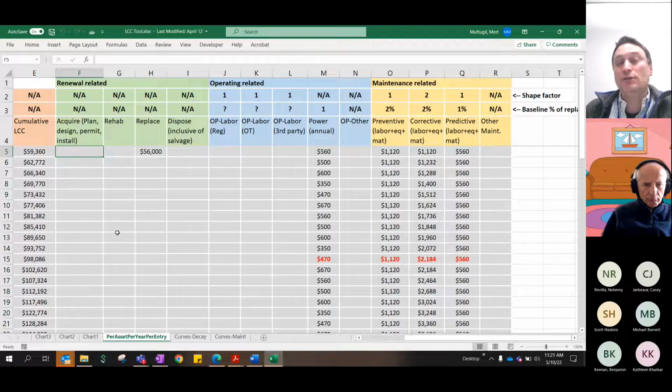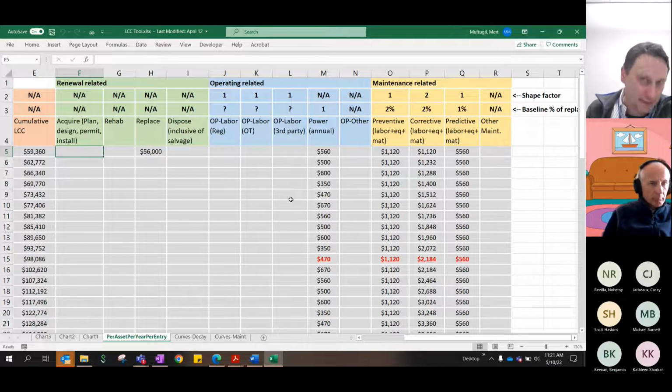Now, as an organization, you may or may not need each of these. So it's really optional, depending on the level of detail you want to go into. And some of these criteria may not even apply to you, but they are there in case you need them.